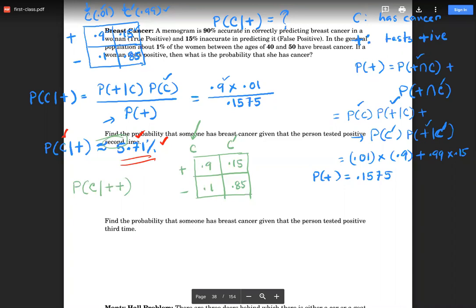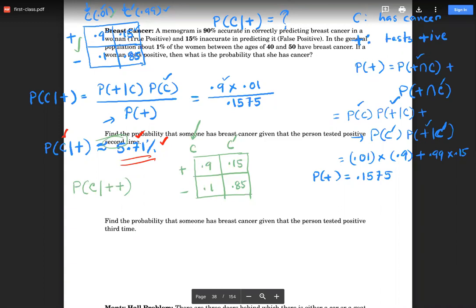On the other hand, in the first part, you didn't consider that. You considered your population being the general population. In the second problem, the key difference is that your population changes. This time, your population does not have 1% people with cancer.